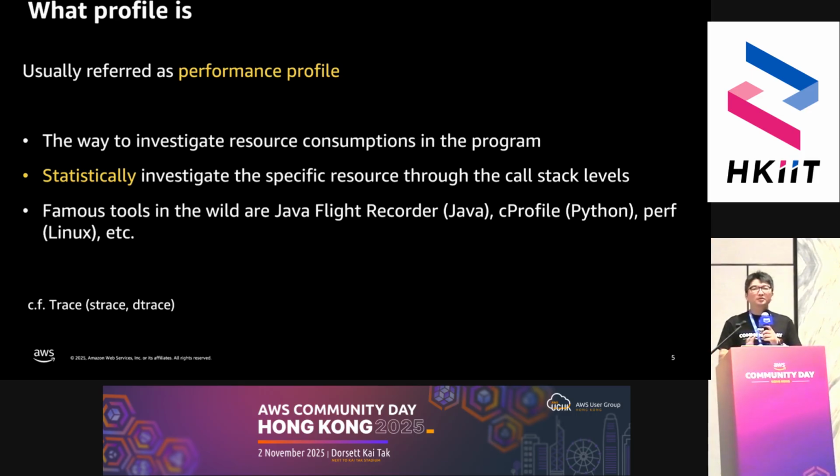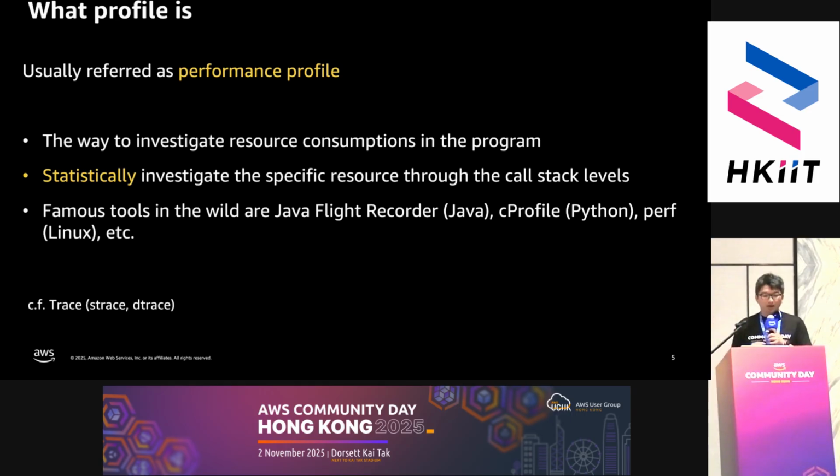This is the difference between profile and trace. In the case of trace, you can track the resource consumption in a time series manner, but in the case of profile, you can get statistical information throughout a specific period.